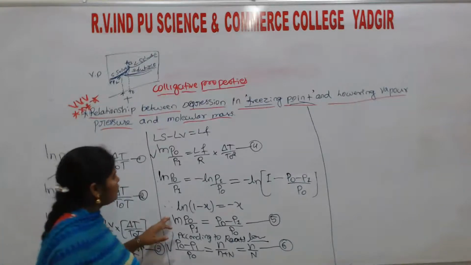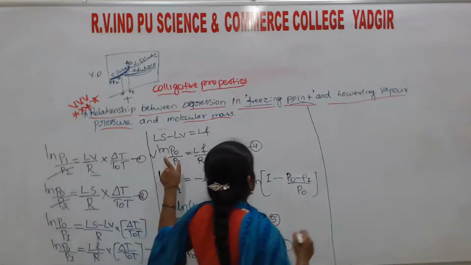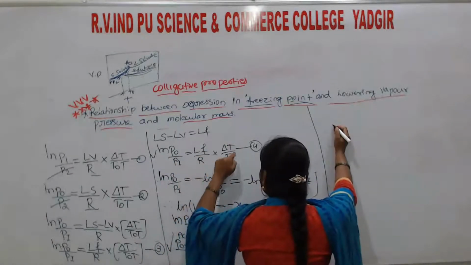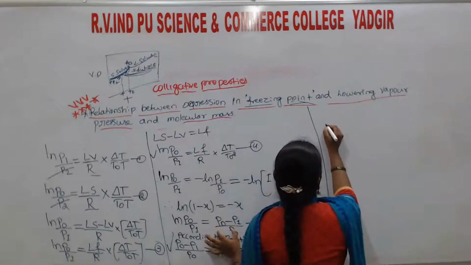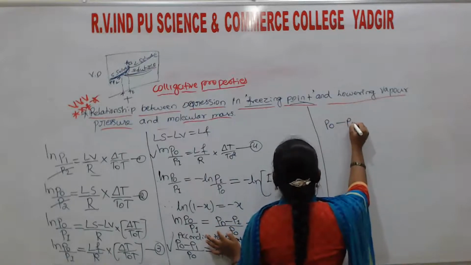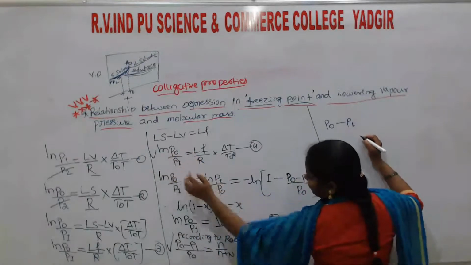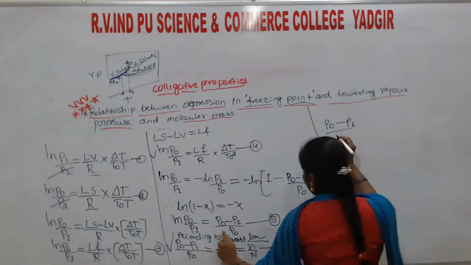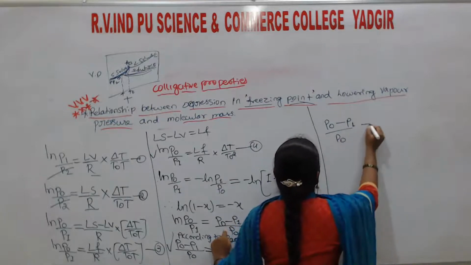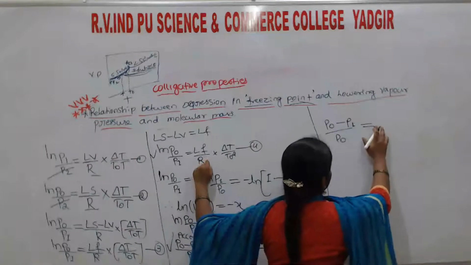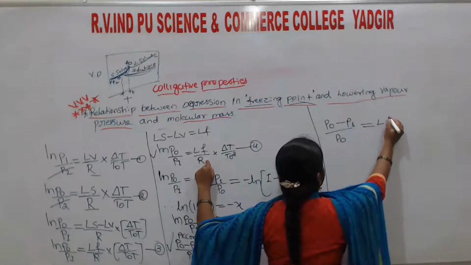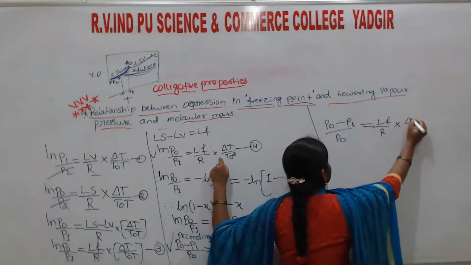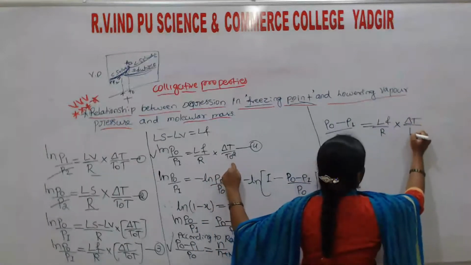ln of P naught by P1 is equal to LF divided by R into delta T by T naught square. Here P naught minus P1 divided by P naught is equal to LF divided by R into delta T divided by T naught.